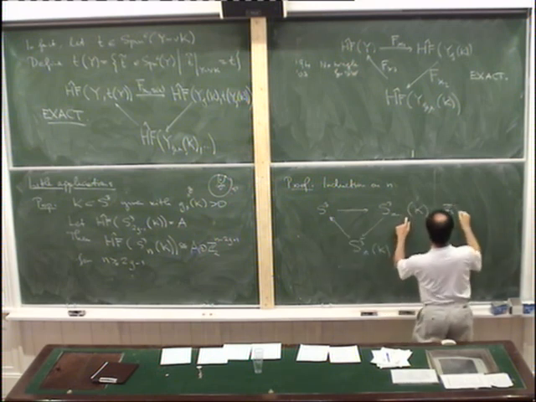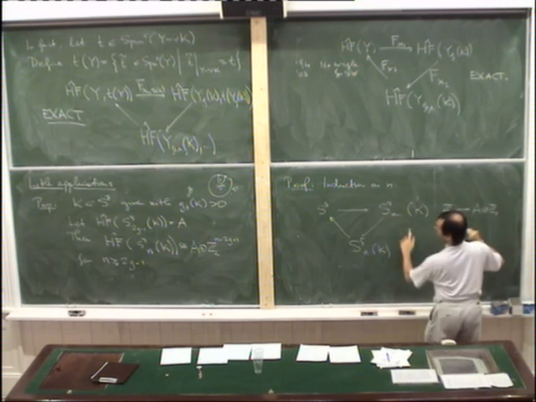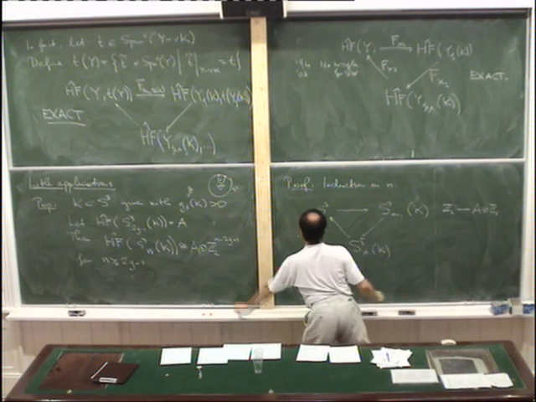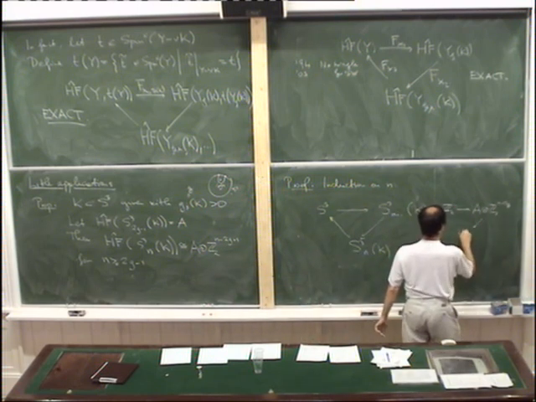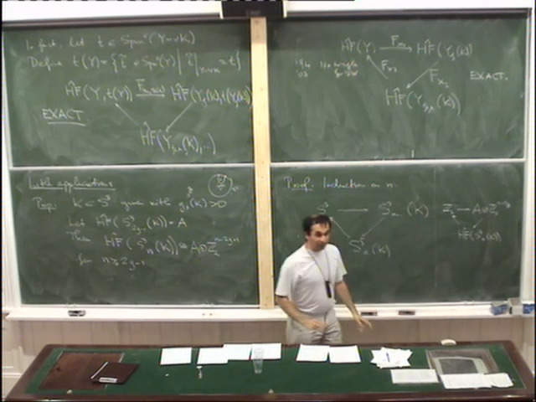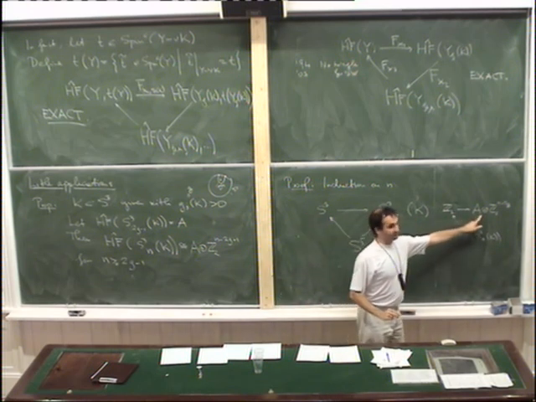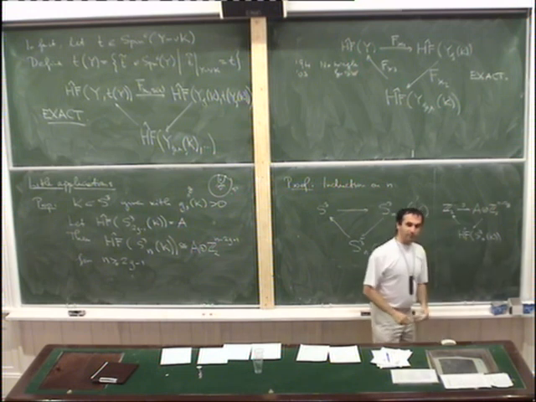And we have the inductive step that it is A plus Z2, and now I have to put n minus 1 here, so this is n minus 2g. And here we have what we have to prove. But now we realize that this map is in fact 0. Why is it 0? It's 0 because of the adjunction.